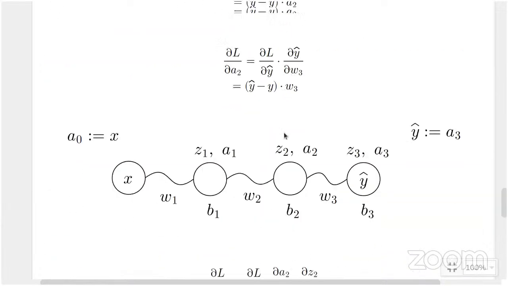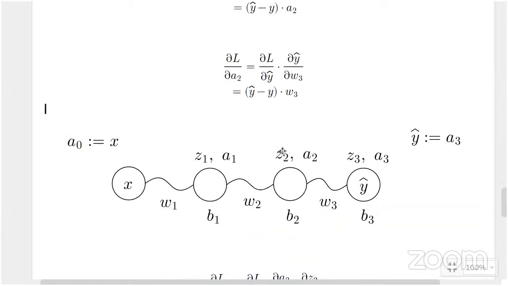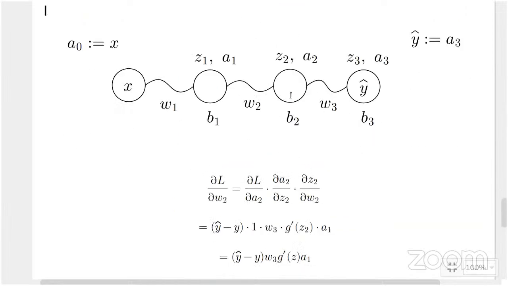Once I compute dou L by dou A2, I make use of that to compute dou L by dou W2, which is in the previous layer. This is how I back propagate my gradients or errors.